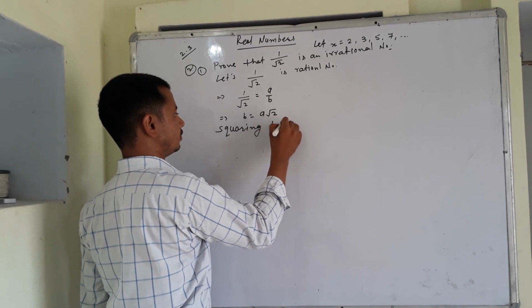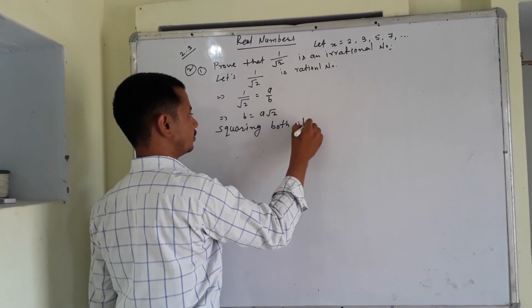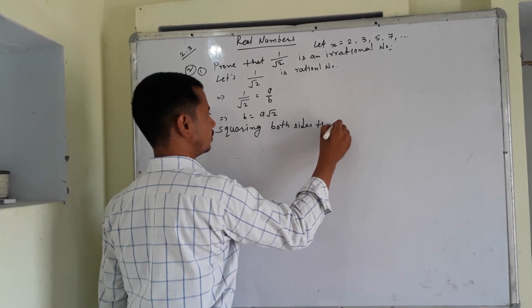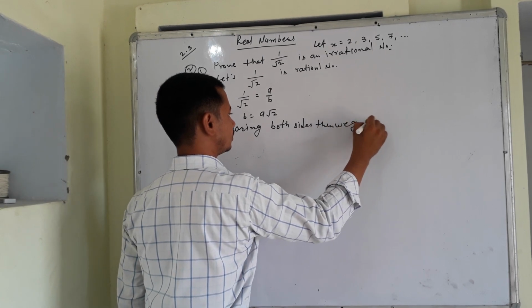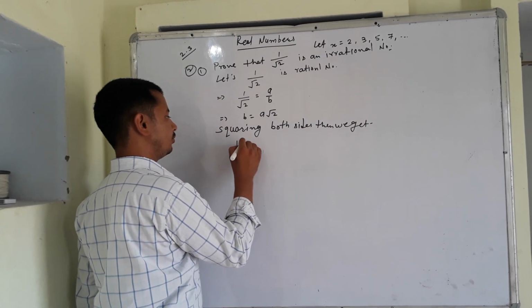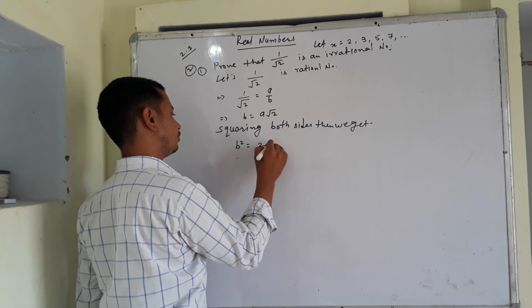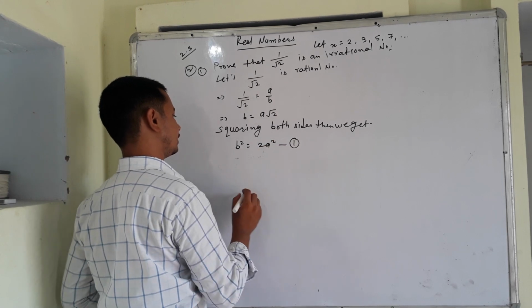Okay, squaring both sides, then we get b square equal to a square. Put this as equation first.